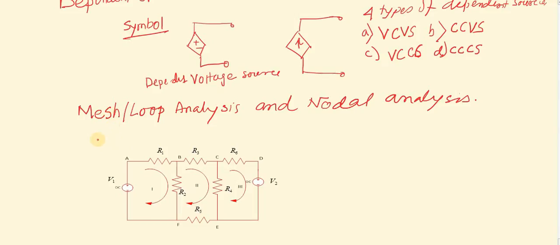Before discussing loop or nodal analysis, we will discuss some terms associated with this analysis. First term is the network. First, what is a network?